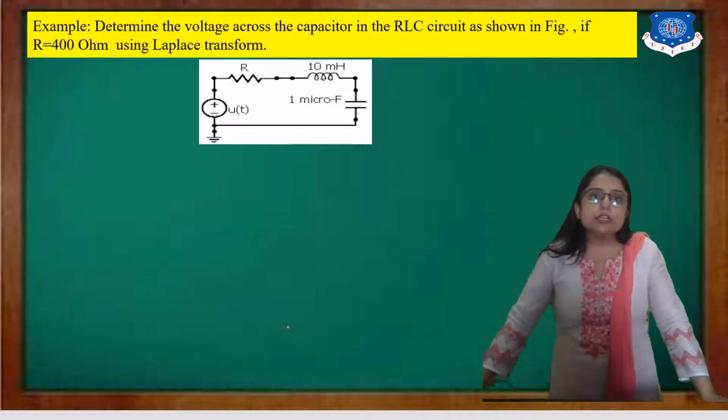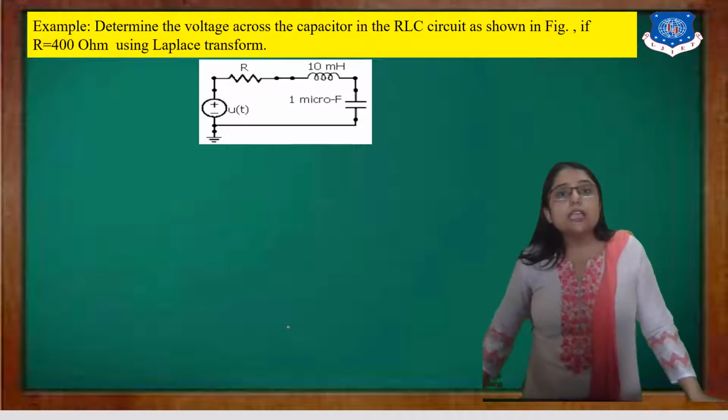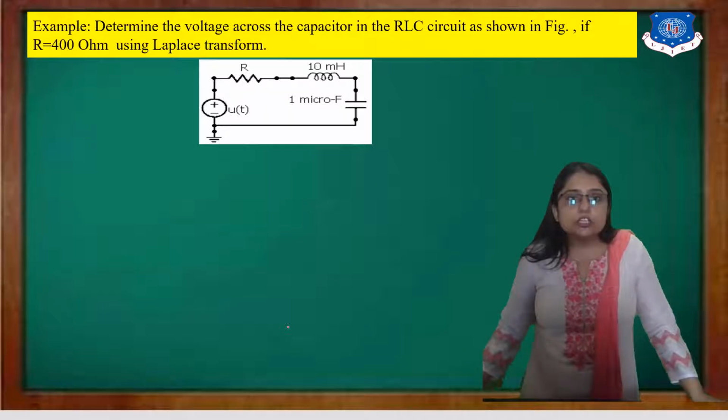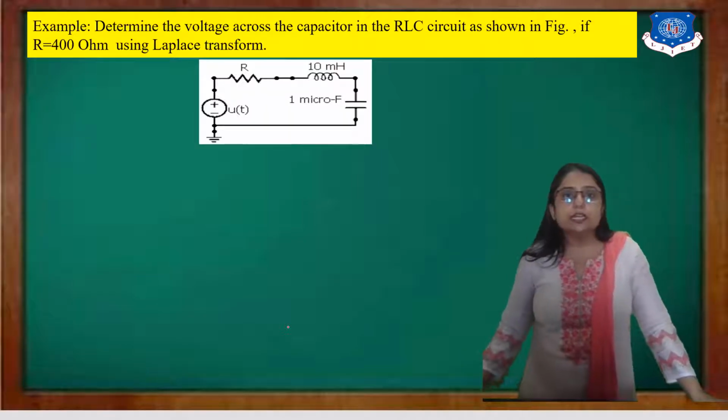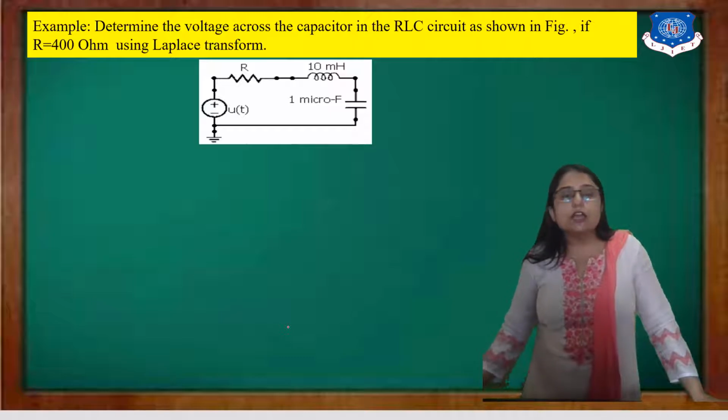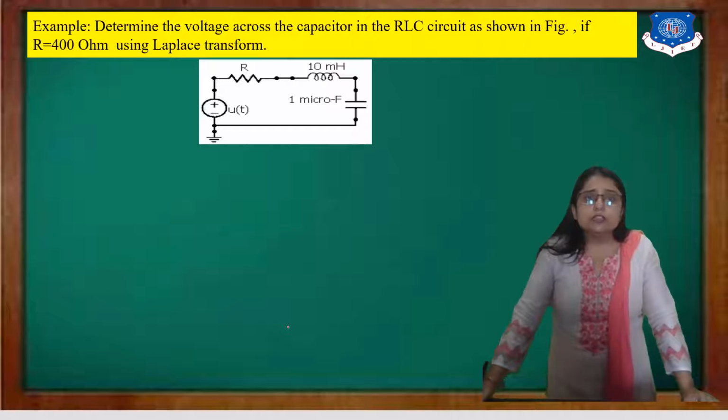But when you write the voltage drop across the inductor, the term di by dt is present, and across the capacitor, the term 1 by C integration of I dt. So one time I as it is, then derivative of I, then integration of I, it is very difficult to find the current I of t. That's why we are using the Laplace transform.